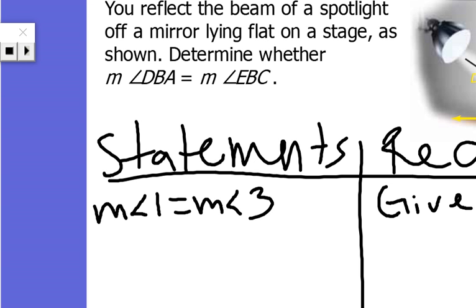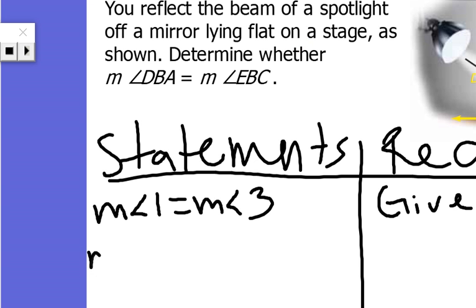Think about what you're trying to do. You're trying to show that 1 plus 2 equals 3 plus 2. So incorporate that addition, right? That's what you want to show in the end. So let's put it into practice. What do I know?